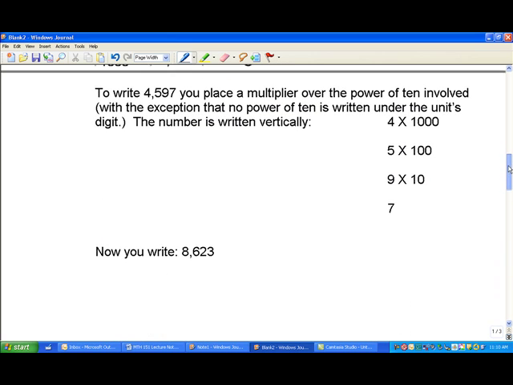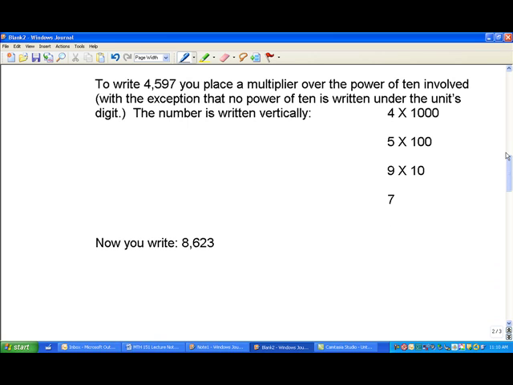Alright, to write 4,597, what you do is you place the multiplier of the power of 10 over the power of 10. And the number, as I mentioned, is written vertically. So we'd want the curtains or the face, however you want to think of it. That's our symbol for 4.